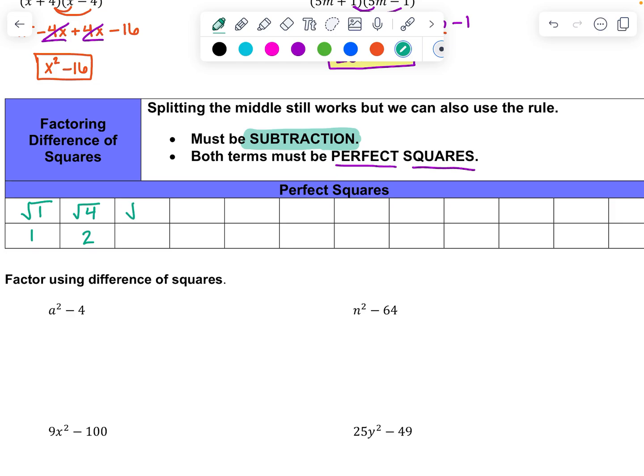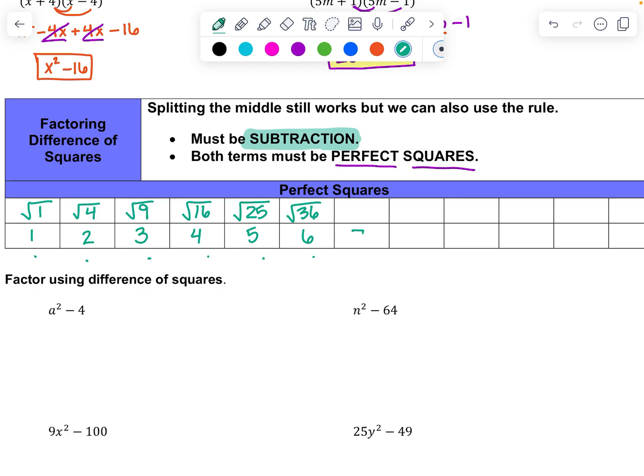If I take the square root of 9, I get 3. Square root of 16, I get 4. Square root of 25, I get 5. Square root of 36, I get 6. So you can see we're getting these nice whole numbers every single time.